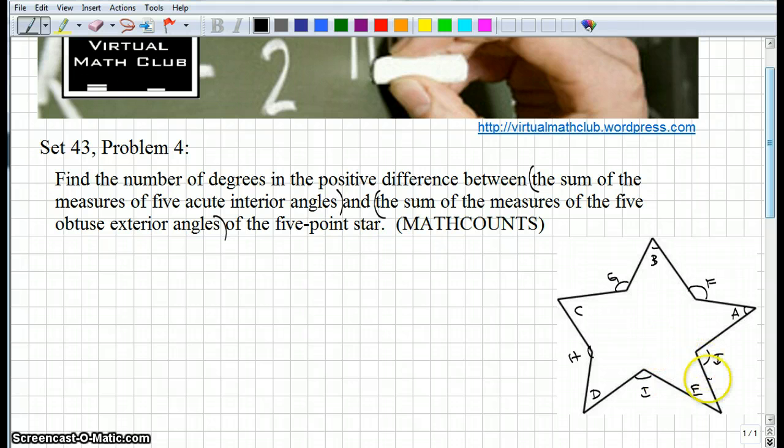I know that we have 5 obtuse exterior angles, so that sum is going to be bigger, because an obtuse angle is greater than 90 degrees. So these are going to be bigger angles.